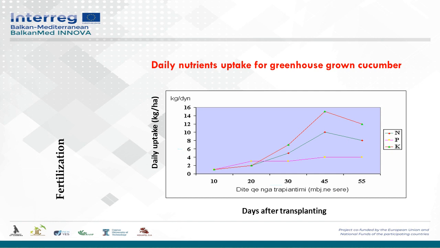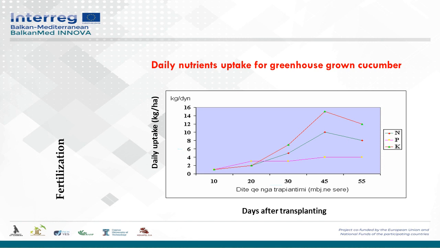As you can see from the graph here, from the start until day 13 after transplanting, the plant requirements for nitrogen, phosphorus and potassium are modest and not so high, but from this day on we'll have a quick increase of plant demand respectively for nitrogen and potassium, which reach their maximum after day 45 and on.